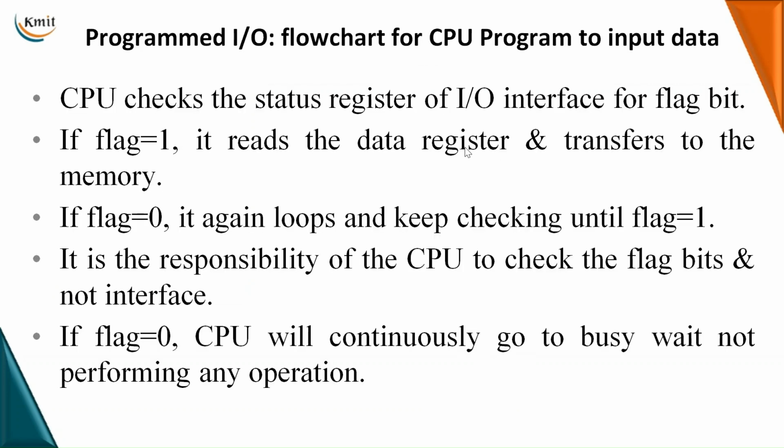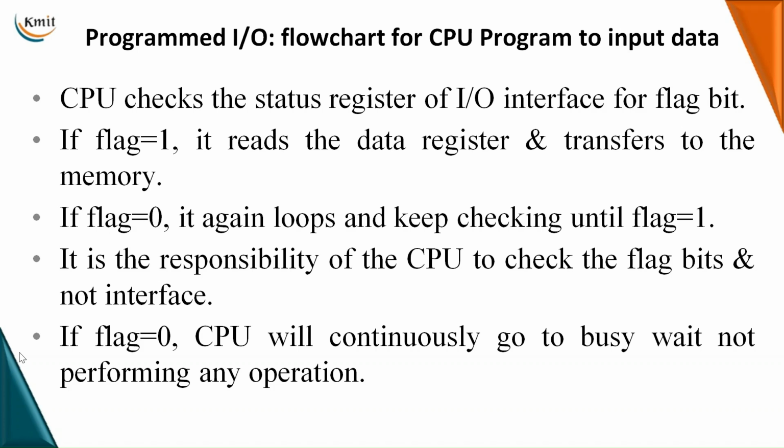Here the CPU is wasting most of its time, which is one of the major drawbacks of programmed IO. The CPU checks the status register and IO interface for the flag bit. If the flag bit is 1, it reads the data from the data register and transfers it to the memory unit. If the flag bit is 0, it again loops and keeps checking until the flag bit is 1. It is the responsibility of the CPU to keep checking the flag bit, not the responsibility of the interface unit.